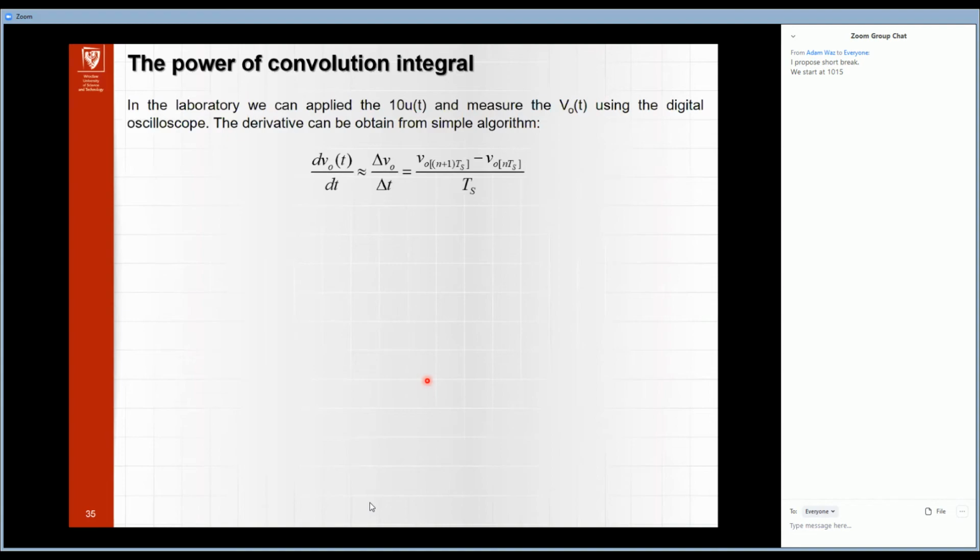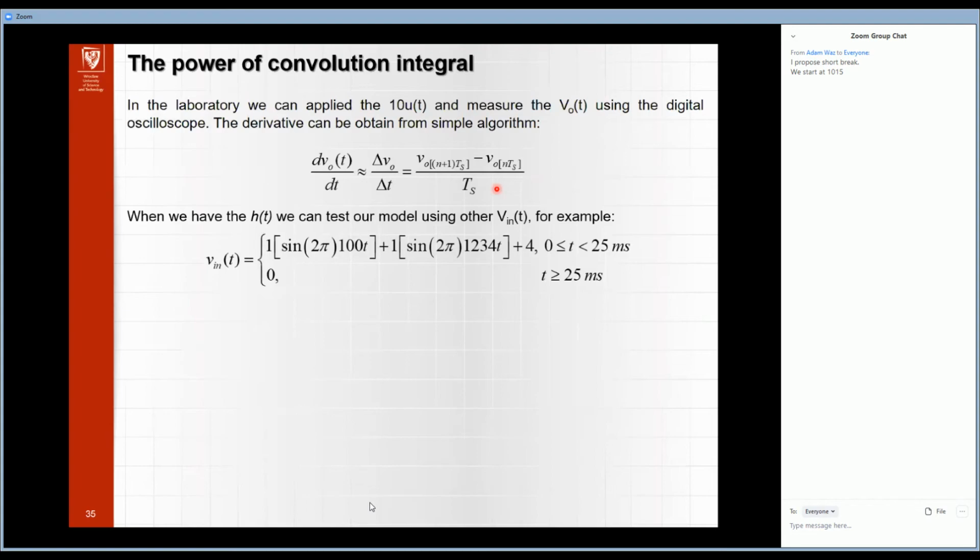When we have the samples, we can make the derivative with a simple algorithm, using the next sample, the current sample, and the sampling time. So this is the distance between these two samples.